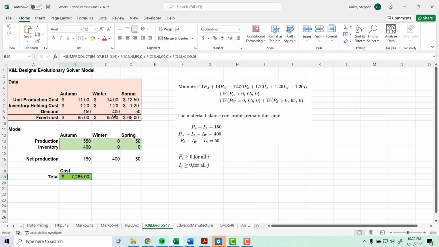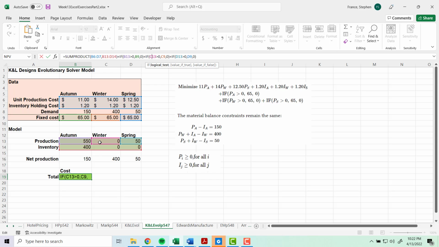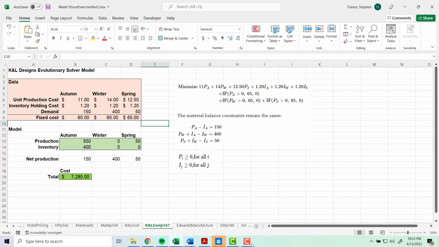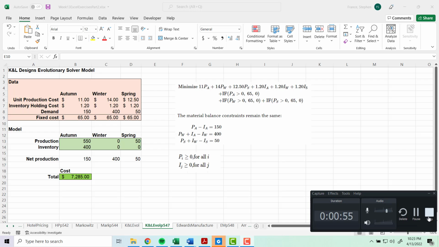So there we go. We have the sumproduct plus if B13 is greater than 0, we have B9, otherwise we have a 0. If C13 is greater than 0, so if production in the winter is greater than 0, then it's going to be 65, otherwise it's going to be 0, and so on. And again, this is very difficult to actually do as a linear program. So let's try and solve this in Solver.